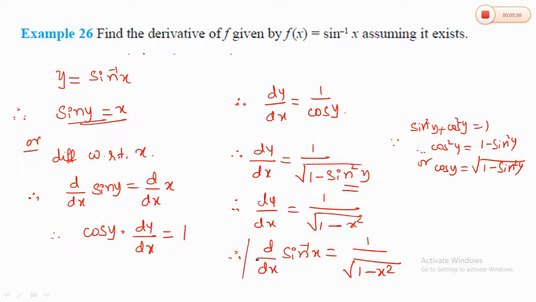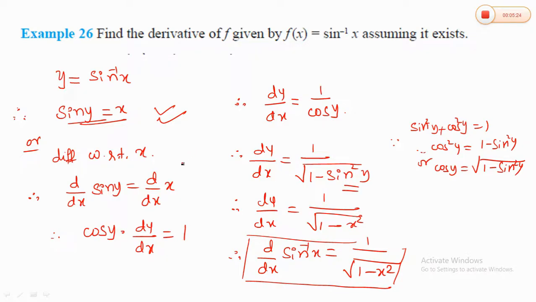So remember this formula: d by dx of sine inverse x equal to 1 upon root of 1 minus x square. Using this value, sin y equal to x, substitute here. Yes, so this is a simple case.